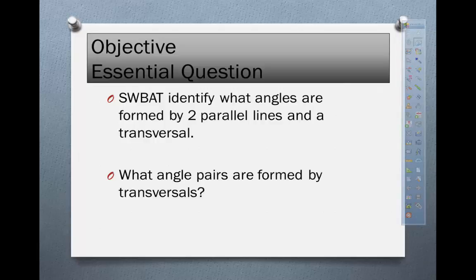One of the key words here in this lesson is the transversal idea, and so we'll be going over that shortly here. What types of angles are formed? And these sorts of angles are used in construction all the time, so anyhow, probably a good idea to know what kinds of angles there are. And we have these types of angles anytime we have parallel lines.